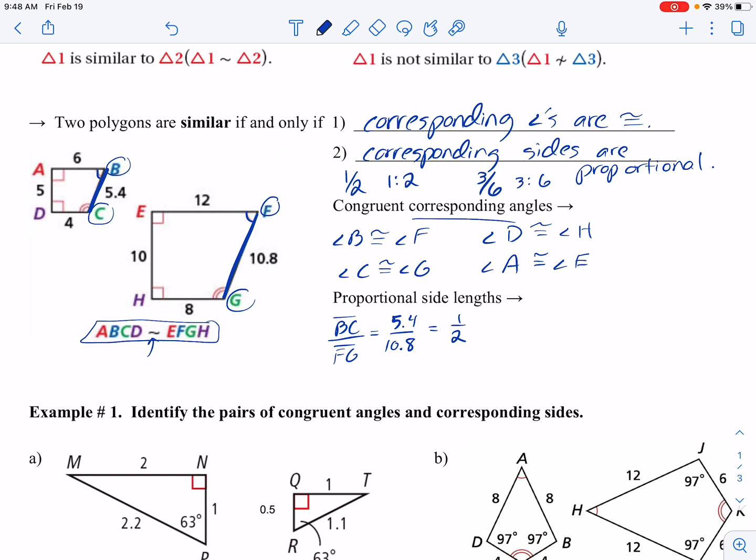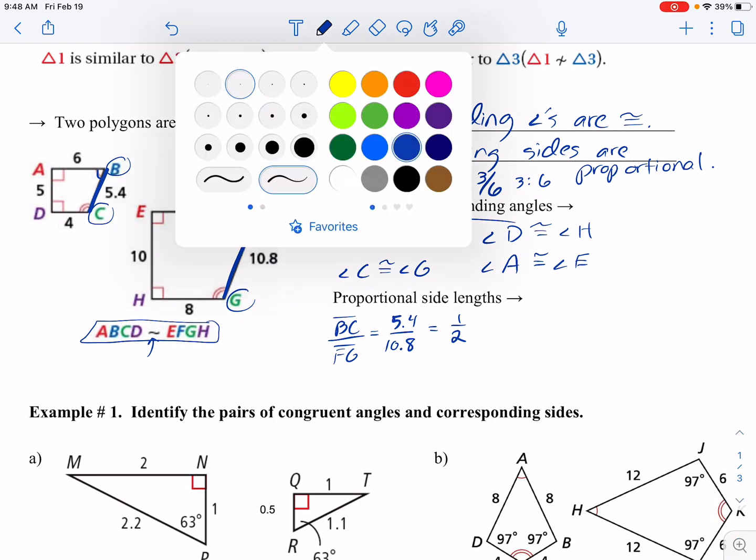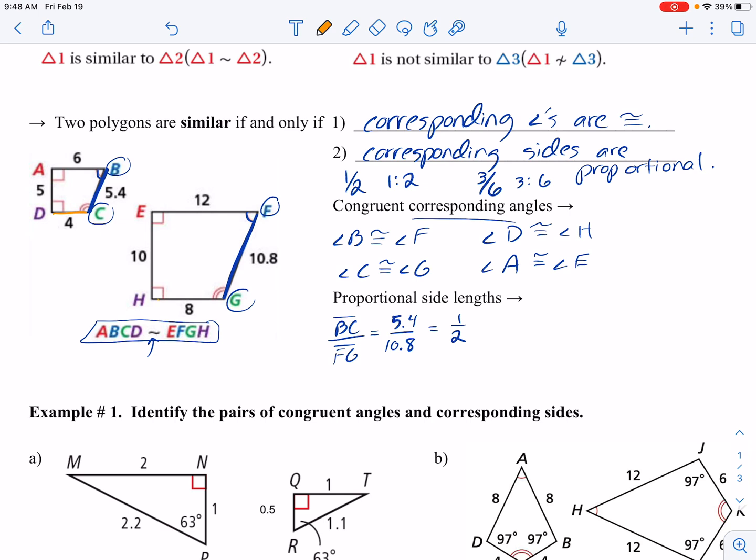Let's check to see if all the other corresponding sides are proportional. Let's do DC to HG. DC to HG has side lengths of 4 to 8, and these also reduce down to 1 to 2. All right, how about another? AD to EH.